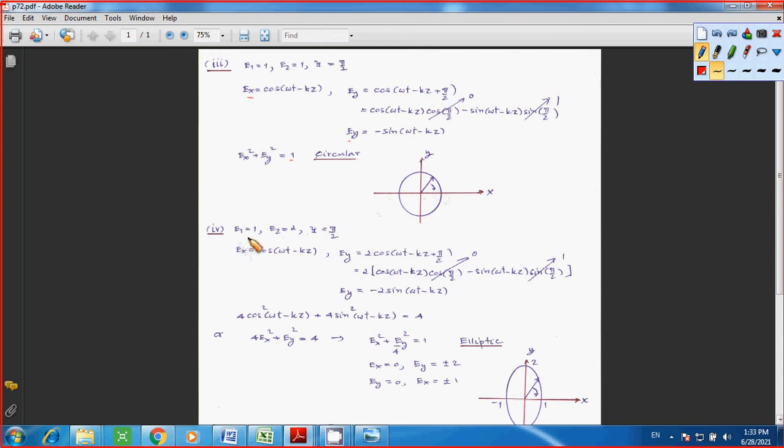For E1 equal to 1, E2 equal to 2, but psi equal to pi over 2, your EY is going to be negative 2 sine(omega t minus kz).